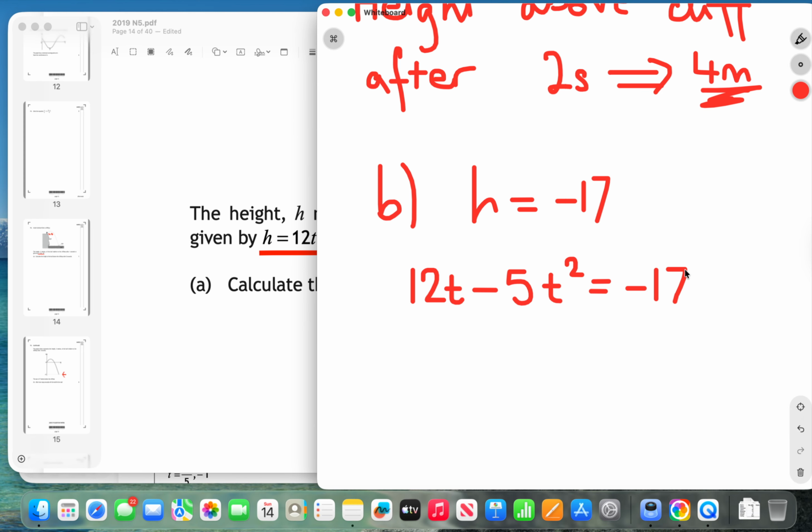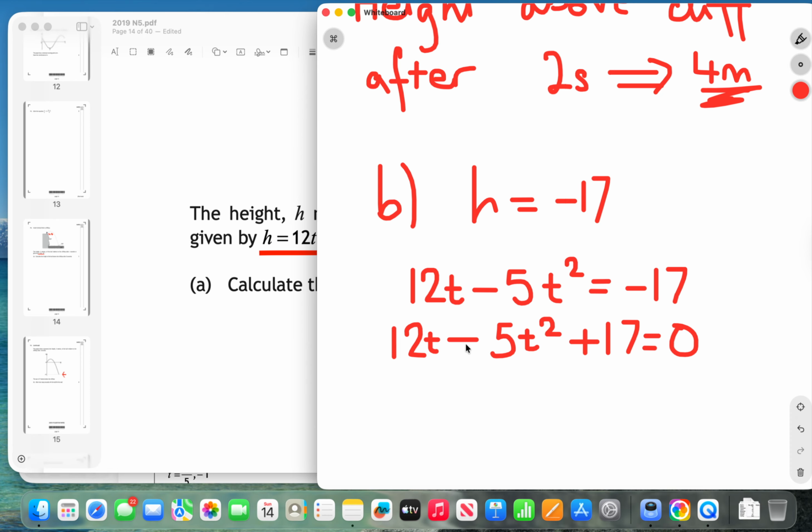Now we can write this as a quadratic equation, but to do that we have to make the right hand side equal to 0. So we could add 17 to both sides, because a plus 17 will cancel out this minus 17.